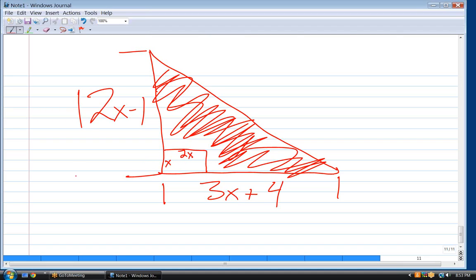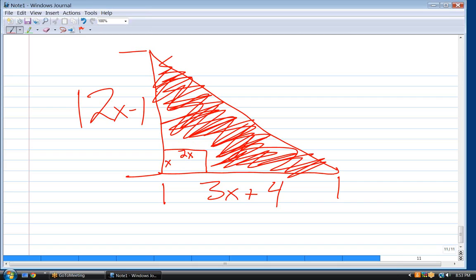Let me go back and make that 12x minus 1 instead of 2x minus 1, because otherwise the picture doesn't make much sense. In other words, I couldn't leave that at 2x minus 1 and have this be 2x. Right. So, what is the area of the shaded region?